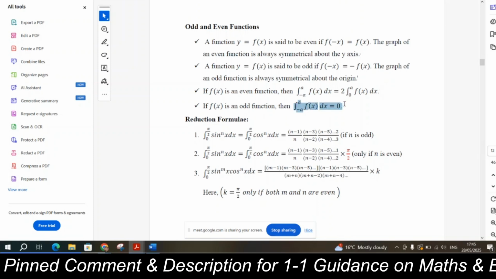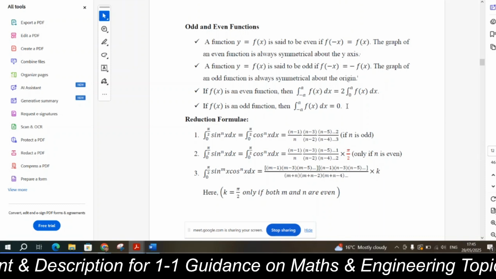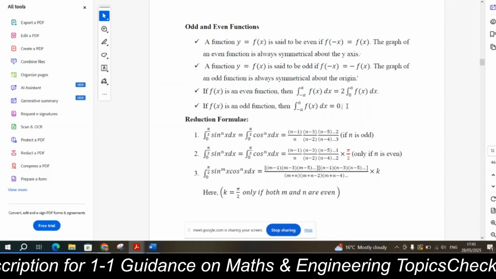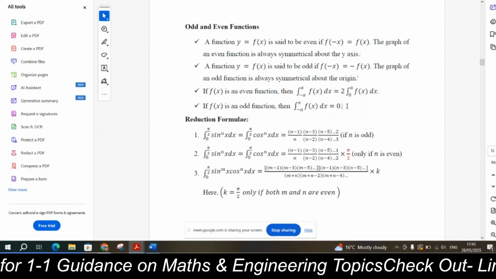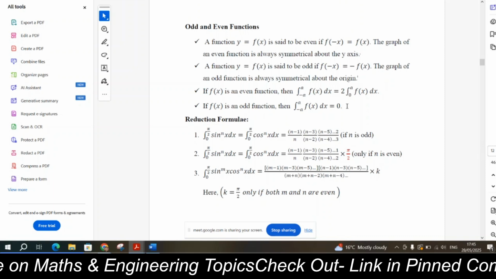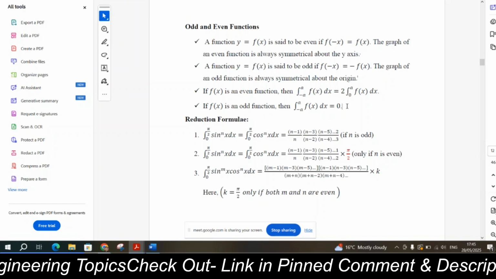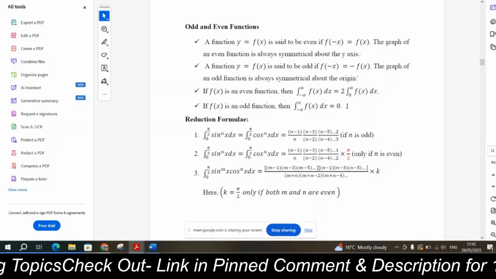Yes, it does. Now let's look at the other one. In an odd function, this integration is said to be 0. Can you explain why it will be 0? Because the positive part is there, and equally the negative part is going to be there, so plus and minus gives 0. In the last class we had seen that an integration value can also be negative, and that does not mean it is wrong.